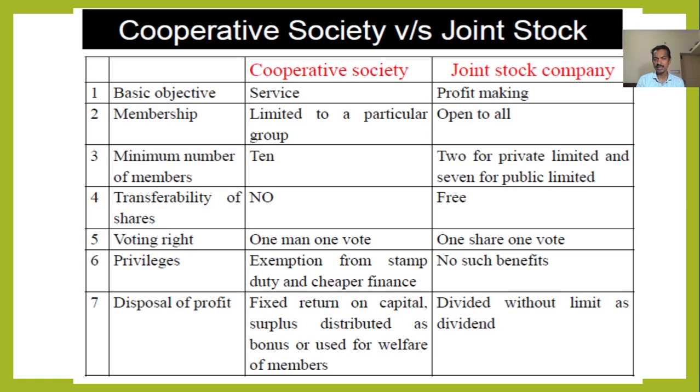And surplus is distributed as a bonus, and the remaining will be used for the welfare of the members. In a joint stock company, it is divided without limit as a dividend. The dividend will depend on the profit of the company. It may vary from year to year.